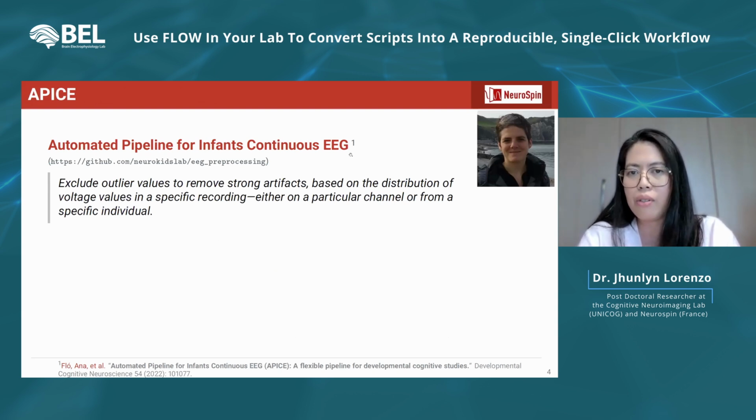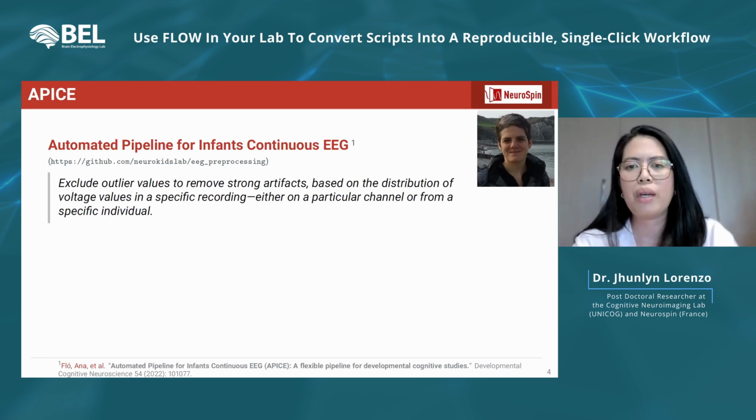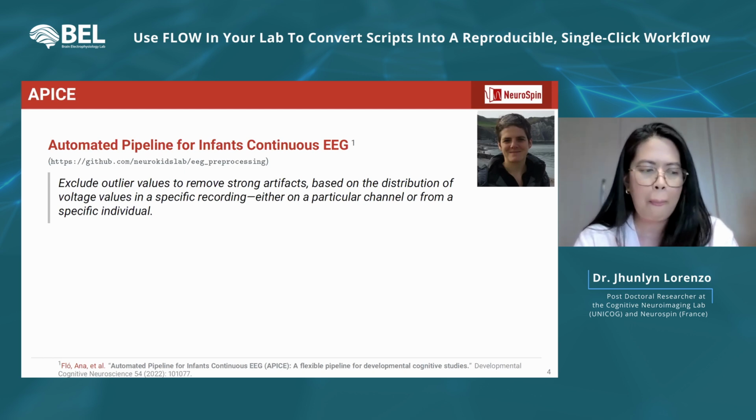pipeline for infants' continuous EEG, in 2022. It works on the principle that in order to determine the artifacts, we make a distribution of the voltage values, either in the channels or in the whole recording. And based on the distribution, we determine the extreme values and consider these outliers as artifacts and automatically annotate them as bad data.